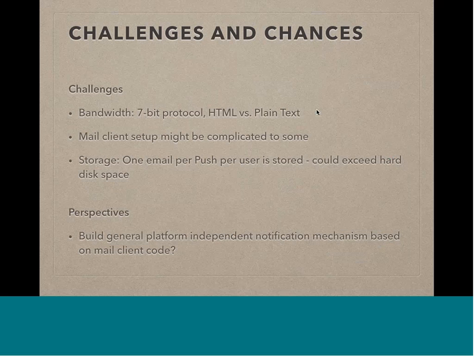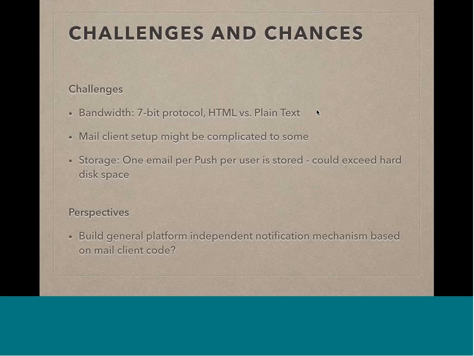And one thing that we ran into just a week ago: because we have the push service implemented as one email per push notification, we have also one email that is stored per push notification per user. And unlike other push notifications, it does not vanish, it stays there.